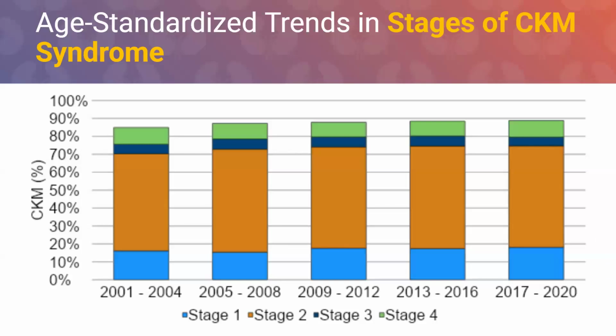Next slide. We did some work looking at the National Health and Nutrition Examination Survey data, and we were surprised and yet actually shocked to see that most of the US population, this is looking at data from 2001 in 4 yearly cycles till 2020, different stages of CKM syndrome, the blue being stage 1, the dark yellow or orange stage 2, and then blue is stage 3 and stage 4.